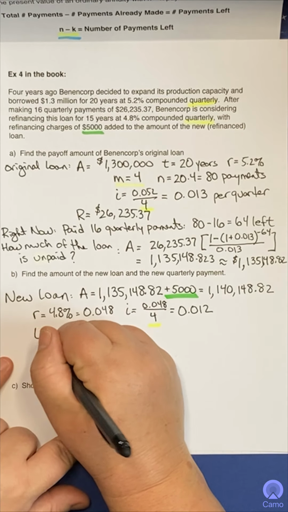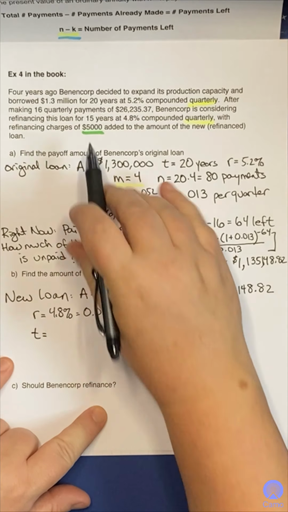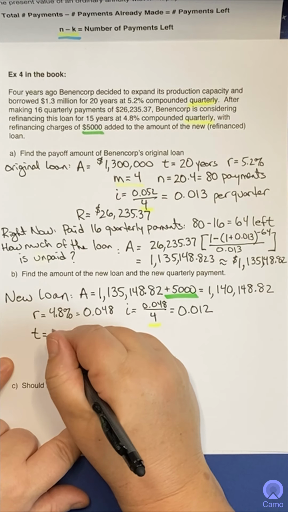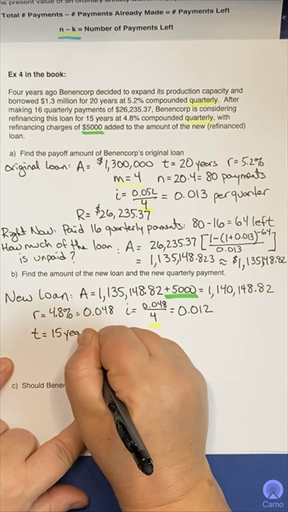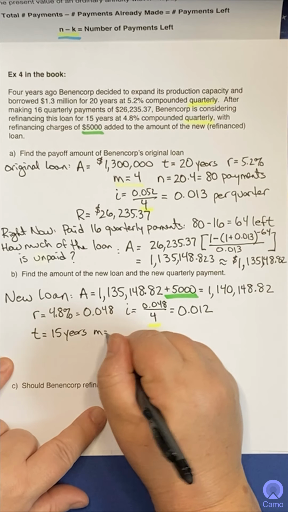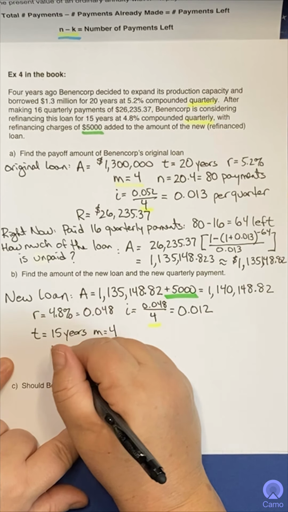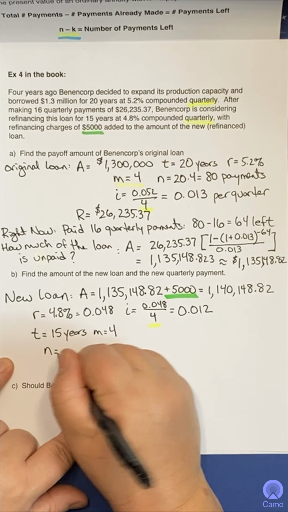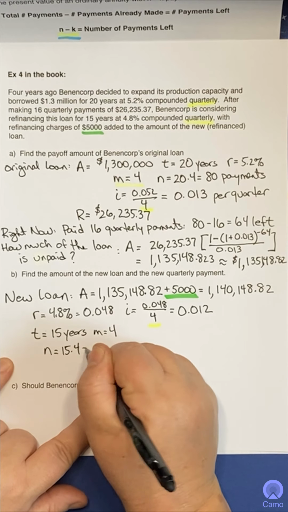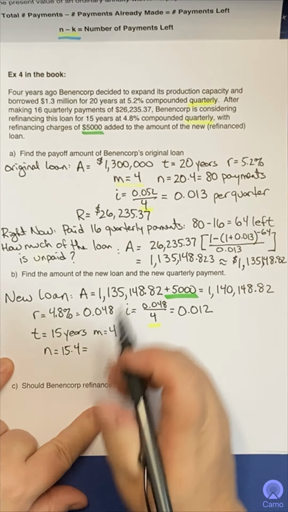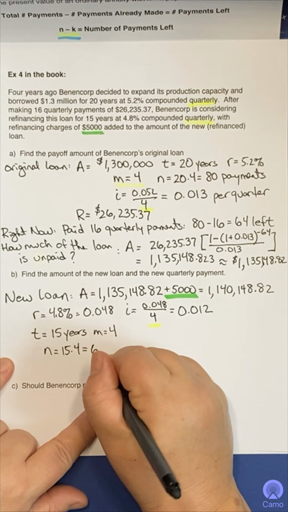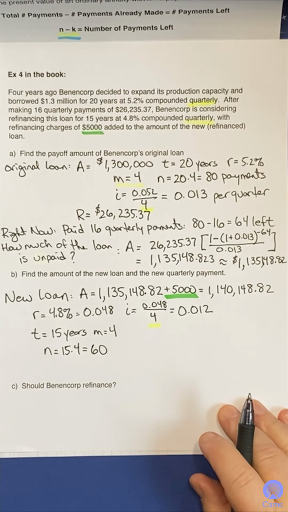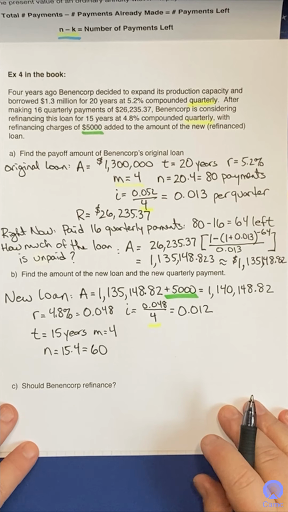Now the term on this, how many years? It's going to be a 15-year loan. It's also going to be quarterly. So our N is going to be 15 times 4. We're going to have 60 payments left. Now, this is interesting.